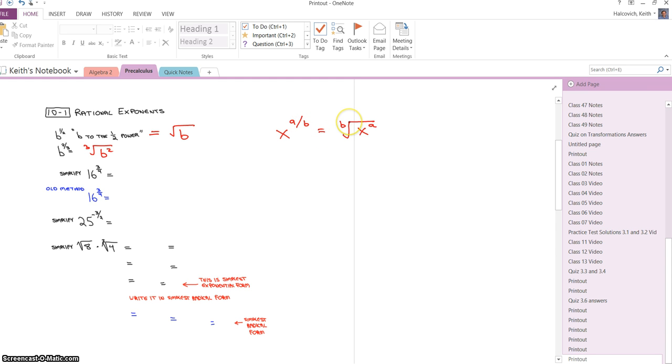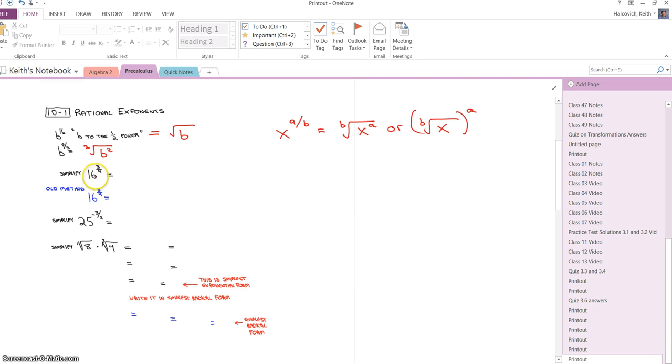So it's the b root of x to the a, or you can write it like this, the b root of x raised to the a power. For example, 16 to the 3/4, there's a couple ways you can do this.